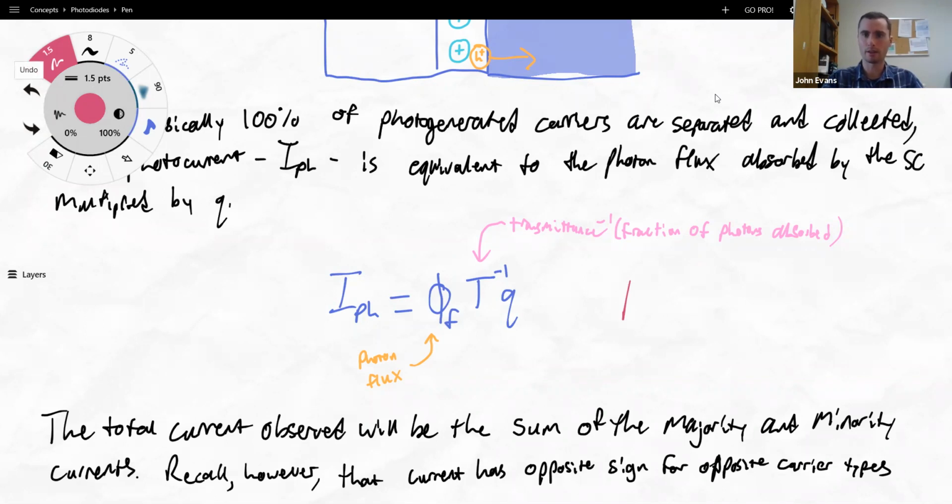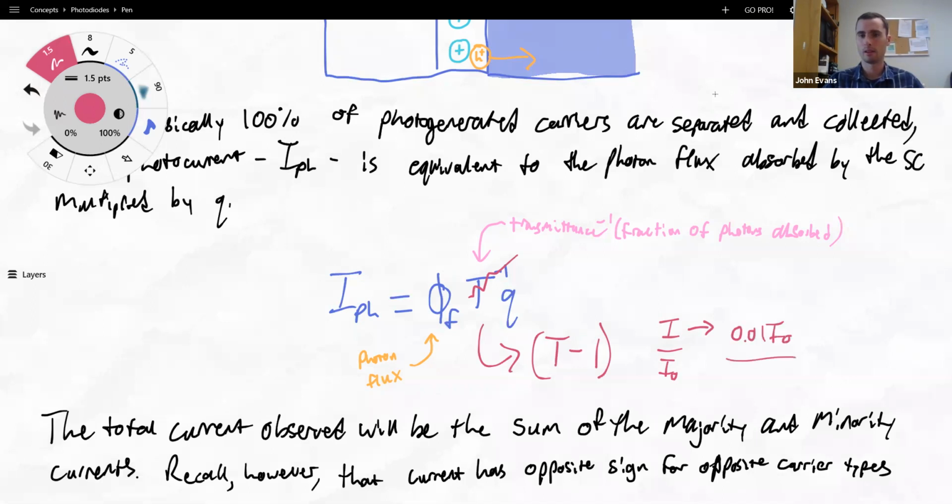So we want to know the fraction that are absorbed. So let's change this to transmittance minus 1, so that we have I over I naught. Let's say that the intensity of light on the other side is going to be like 1%. So we get 0.01 I naught. Then we subtract 1.